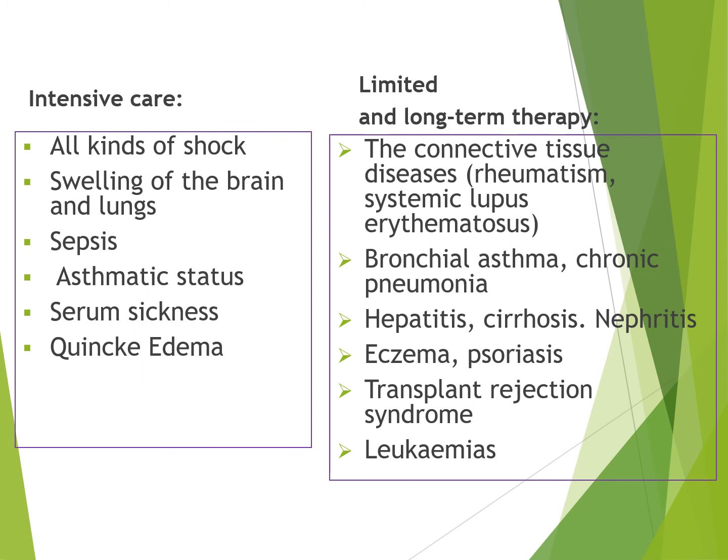We use it in bronchial asthma, in chronic pneumonia. I told you that glucocorticoids are used in status asthmaticus. In severe chronic asthma, as a supplement to bronchodilators. Inhaled beclomethasone or low-dose oral therapy is given for all periods.